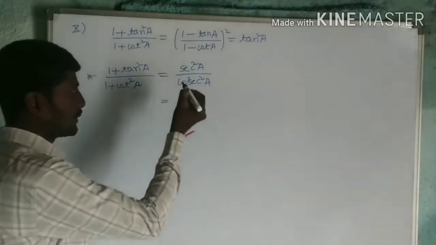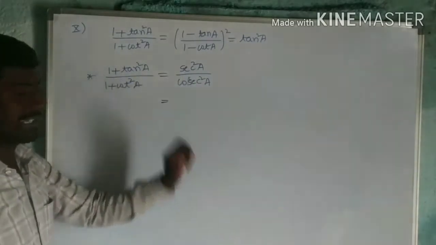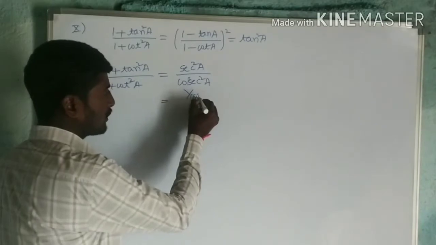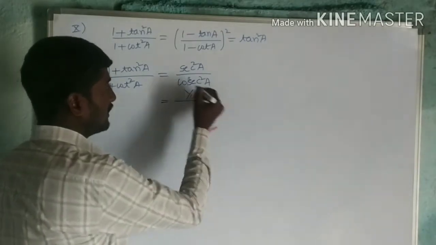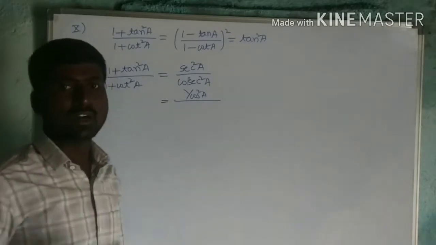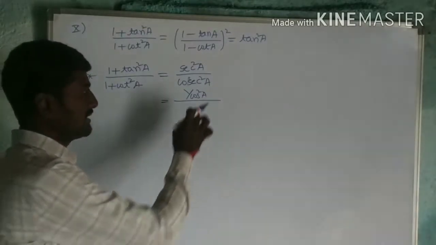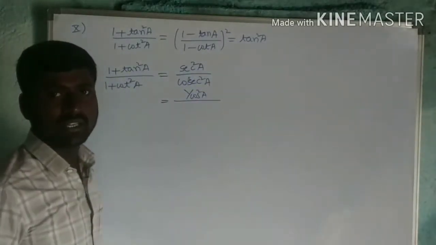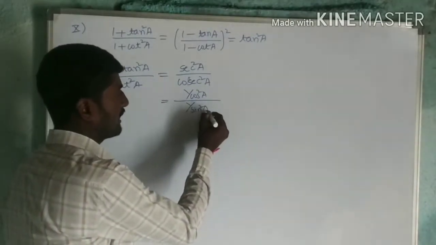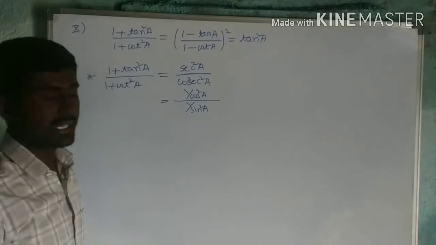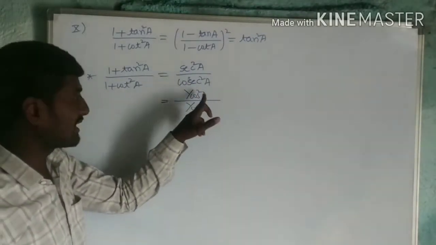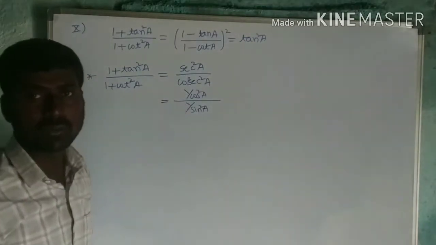Now this is equal to, this sec square A can be written as 1 divided by cos square A. Sec A is nothing but 1 by cos A, so sec square A is 1 by cos square A. Here also same. Cosec square A can be written as 1 divided by sin square A. Now sin square A goes to numerator, cos square A comes to the denominator.